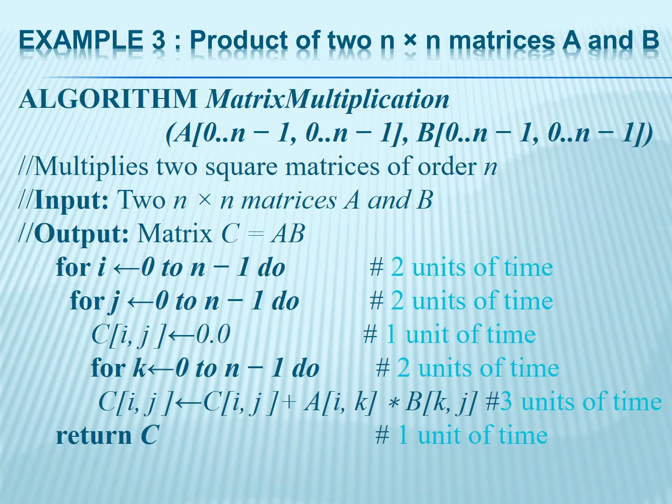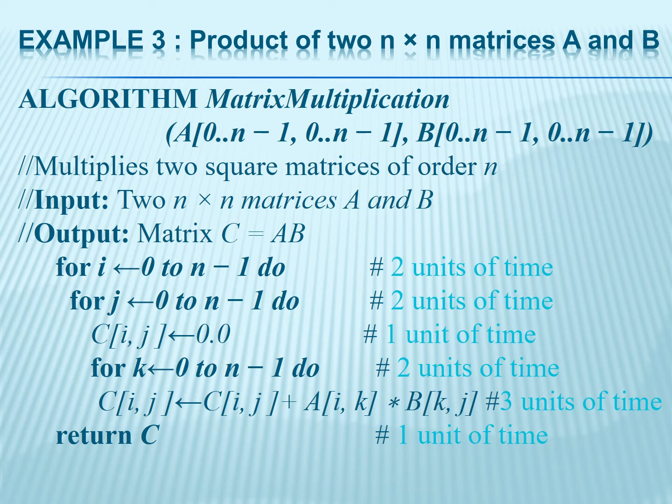Example 3 finds the product of two n cross n matrices A and B. The algorithm matrix multiplication receives input matrix A with dimension n cross n and matrix B with dimension n cross n. The algorithm consists of three nested for loops.